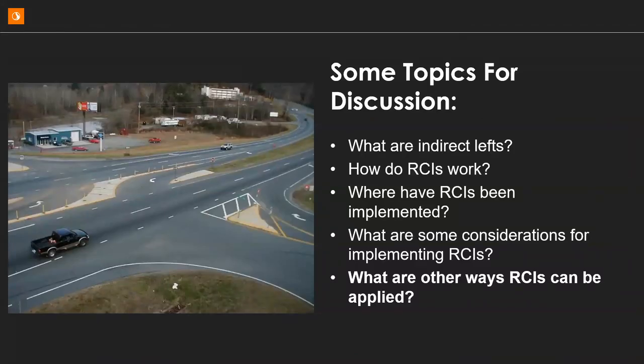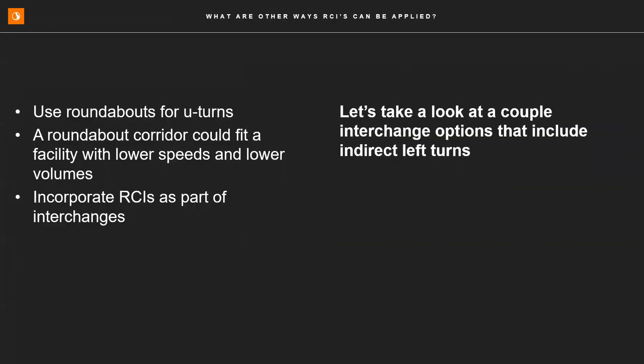So what are some other ways that RCIs can be applied? You can use roundabouts for the U-turns, if you are in an area that has those. It's generally a single lane road, but we've been installing 2-lane roundabouts on 4-lane roadways also.